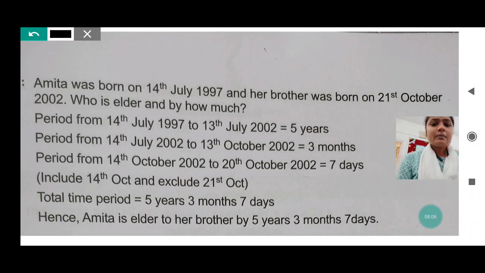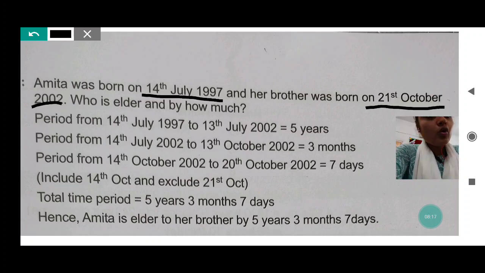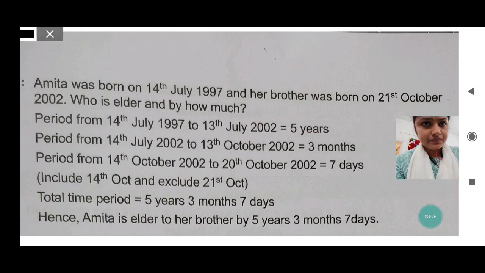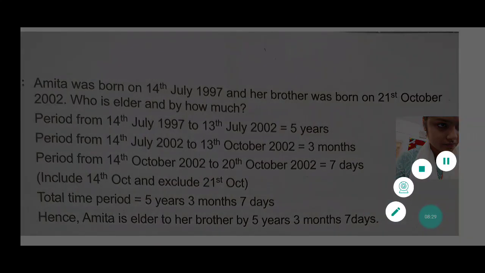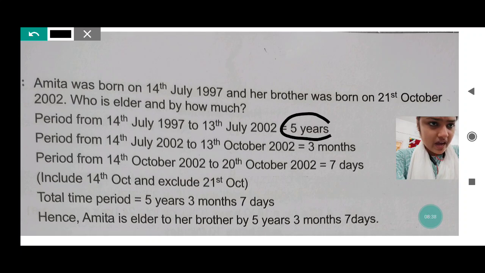Next question. Amita was born on 14th July 1997 and her brother was born on 21st October 2002. Who is elder and by how much? The period from 14th July 1997 to 13th July 2002 is a 5-year duration.